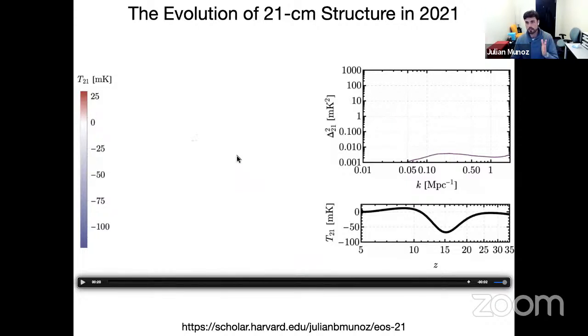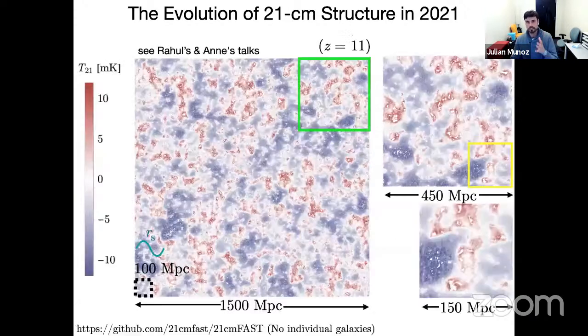But if you look at one particular redshift, you can see why we did this, which is to be able to resolve huge scales. So in the first talk of the conference, Rahul told us about hydrodynamical simulations, the THESAN simulations, which are about 100 megaparsec in volume. And these have very rich physics, but they're much smaller in volume because of the computational cost. And in these 21cmFAST simulations, we want to do the opposite. We want to resolve huge cosmological volumes.